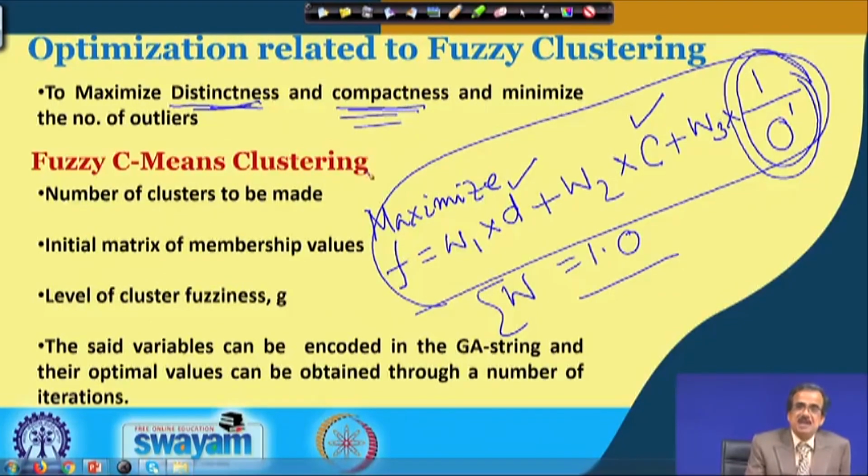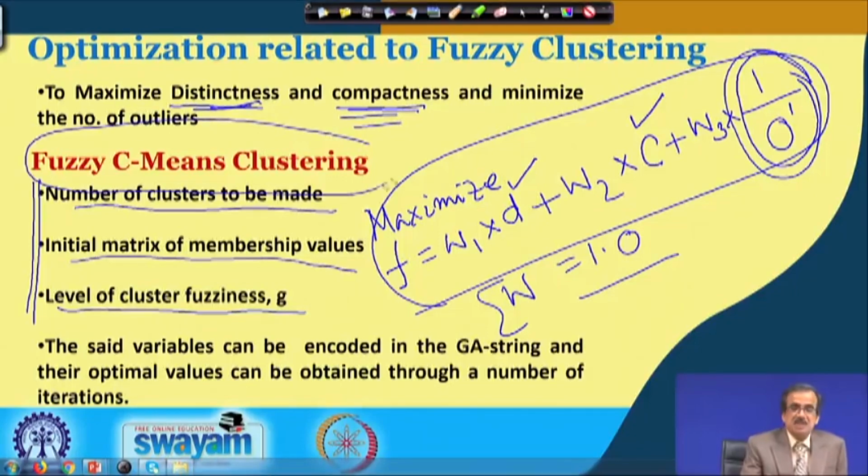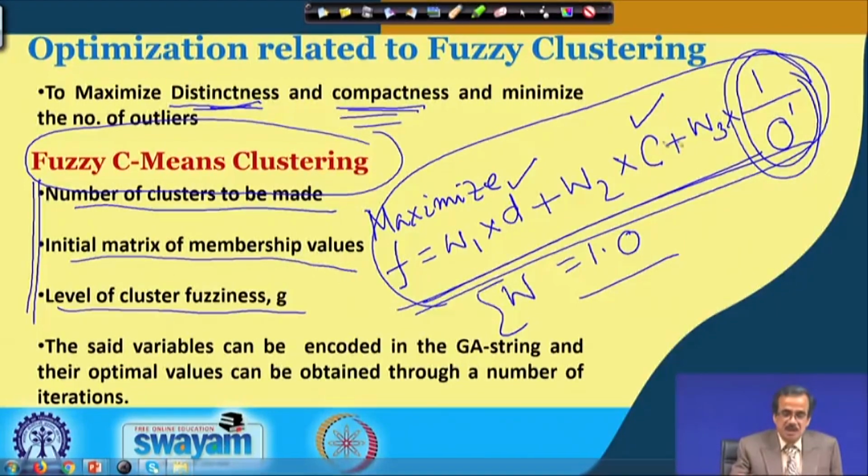So, fuzzy C-means clustering depends on the number of clusters to be made, then comes the initial matrix of membership values and the level of cluster fuzziness. All such things are the design parameters for this FCM, that is fuzzy C-means clustering, and we can use a GA string to represent the design variables, and this should be your objective function, and our aim is to maximize this particular objective function.